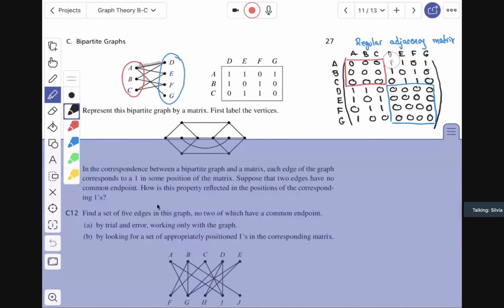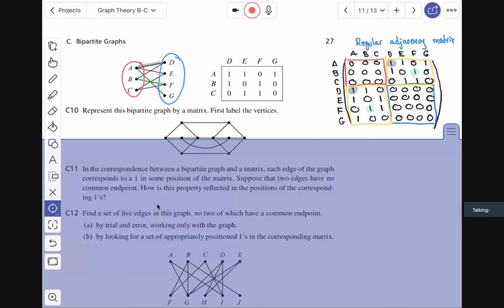For example, let me highlight another one: BF. BF is counted right here, and it's also counted right there. Essentially, my columns right here are my rows right there: 1101, 1010, 0110. So these two are essentially the same, just one is turned 90 degrees.